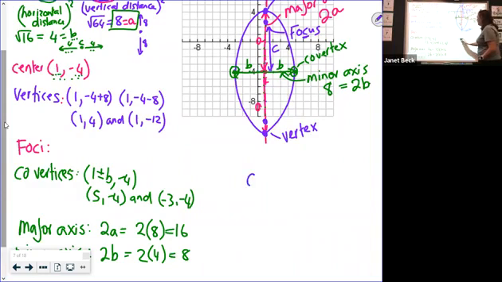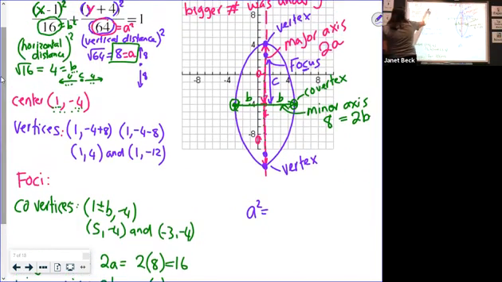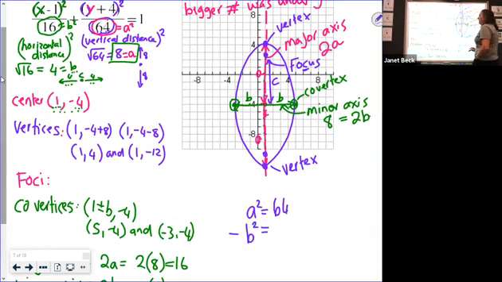And how you actually calculate it, we get our A squared, the bigger denominator. We have to make it shorter, so we're going to subtract the other denominator, and that will give us C squared. So to find C itself, the distance we actually want to the focus, we're going to have to take the square root of 48.